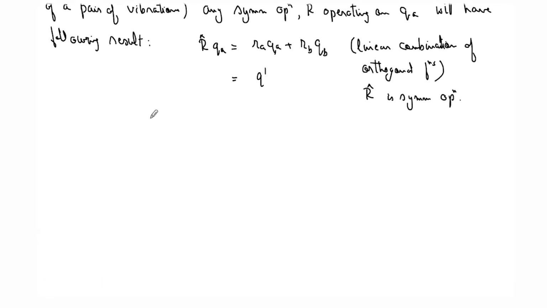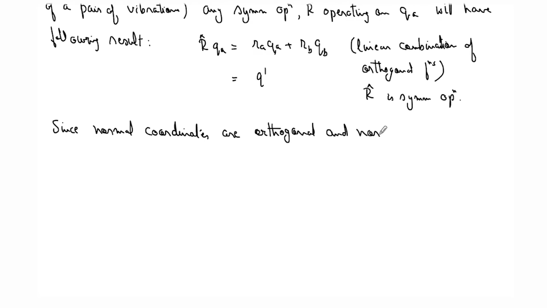Now, let's say, since my normal coordinates are orthogonal and normalized, I can say QA square is equal to 1 and QB square is also equal to 1.